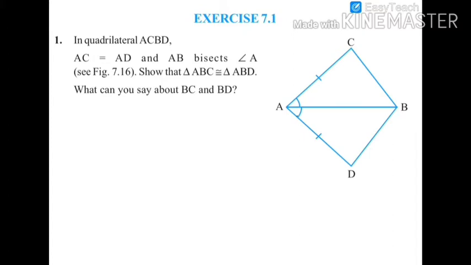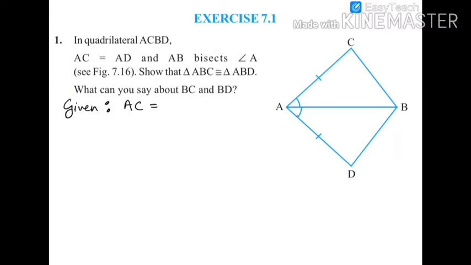For every answer in this chapter, we will start by writing what is given and what is to be proved. And then we will write down the construction if it is required in the figure for proving the triangles congruent. So let's write down what is given.